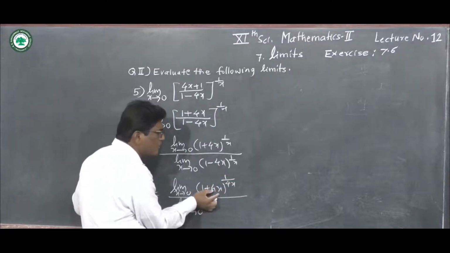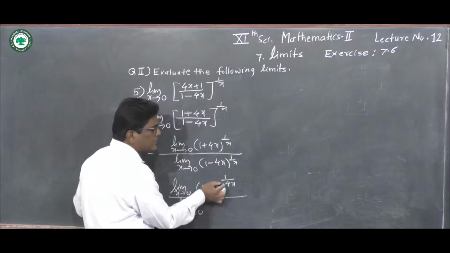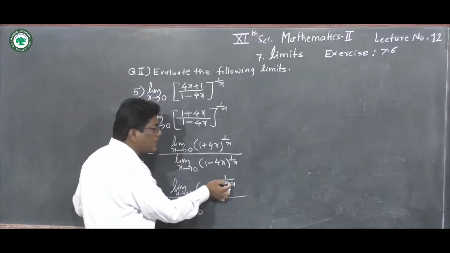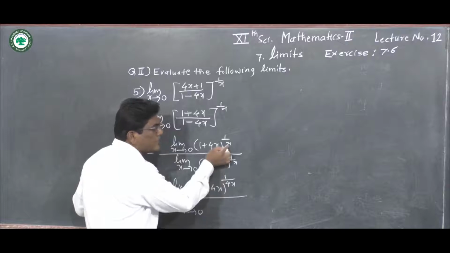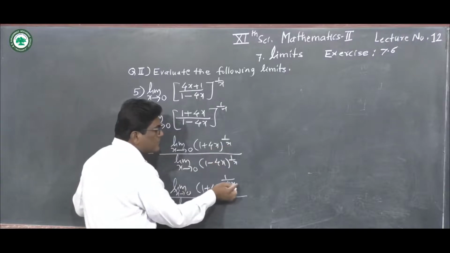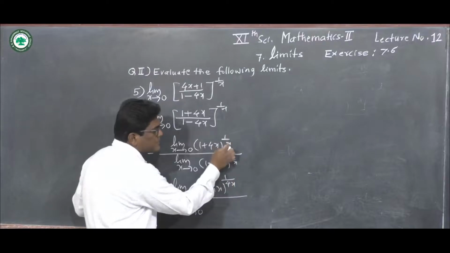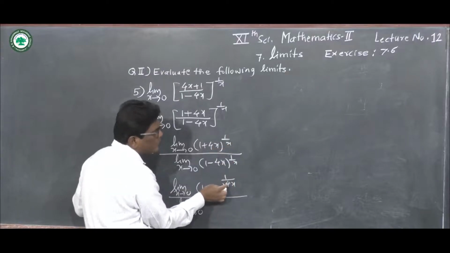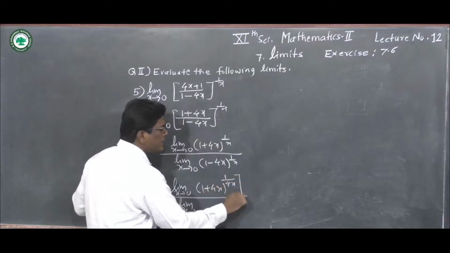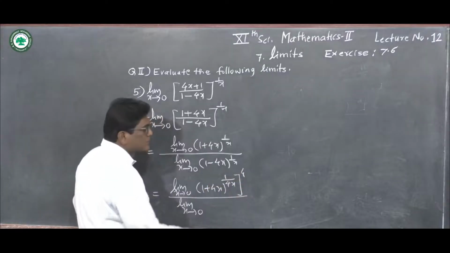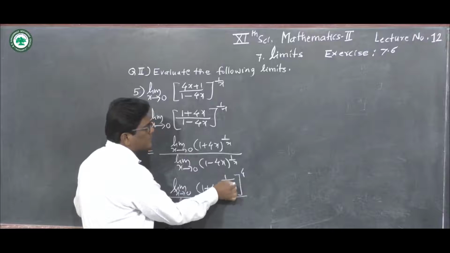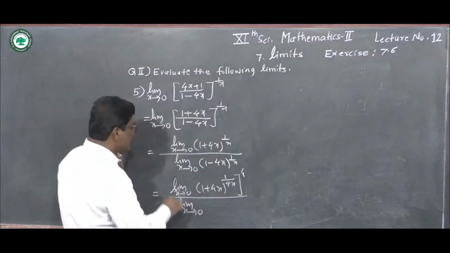Out of this, 1 upon x is already present, so we only adjust 4, 1 upon 4. We have to cancel this 1 upon 4, so we take 4. So this 4 and 4 get cancelled, and here 1 upon x remains.